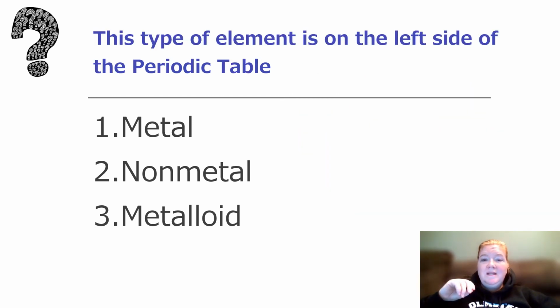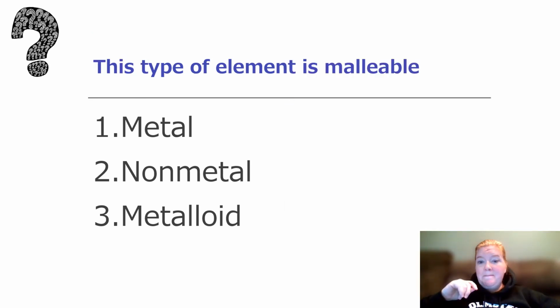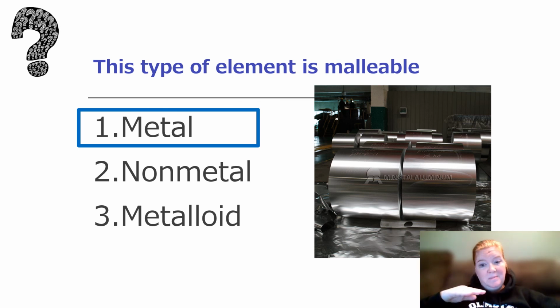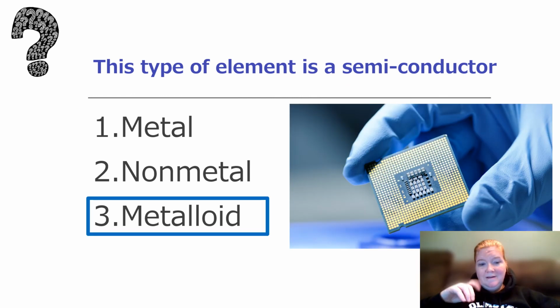This type of element is on the left side of the periodic table. Metal. This type of element is malleable. Metal, remember that means it can be hammered into thin sheets. This type of element is a semiconductor. That is a metalloid. All right, I hope you learned some more about the periodic table.